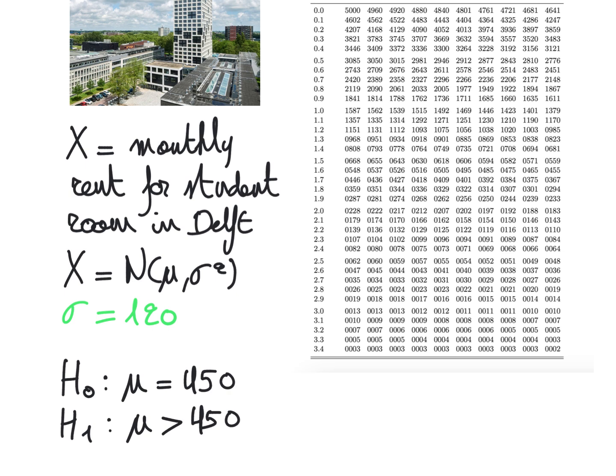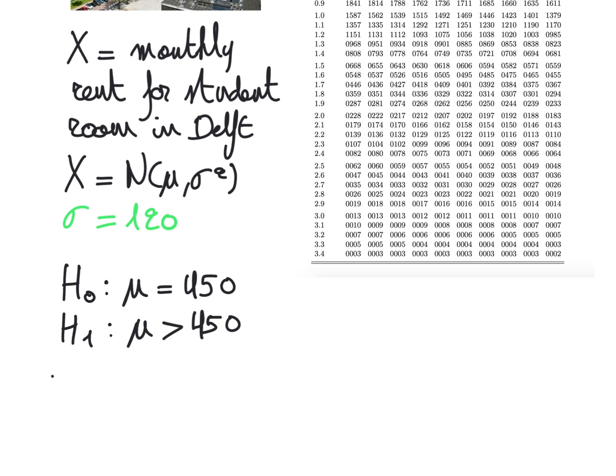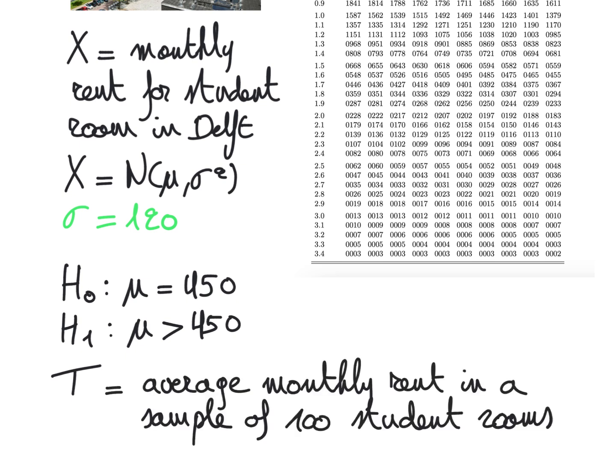Okay, to perform a hypothesis test, we also need a test statistic. And in this case, our test statistic T will be the average monthly rent for a sample of 100 student rooms. So we contact 100 student rooms, ask what the monthly rent is, and then take the average of that sample.